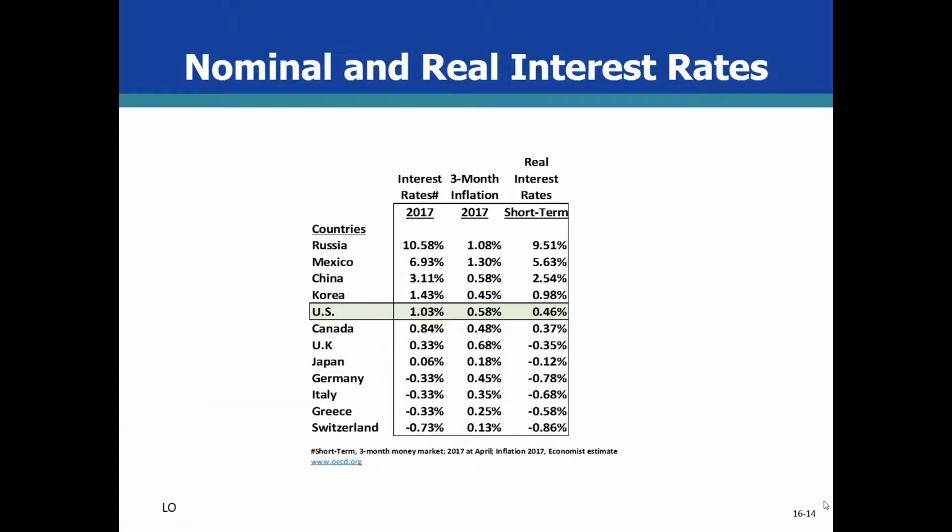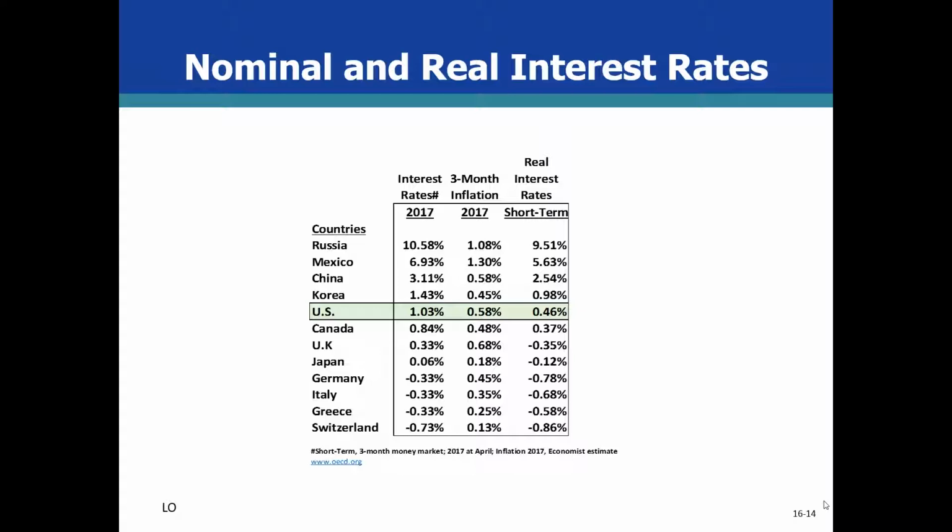Let's look at a United States example. Currently, the short-term interest rate is 1.03% in 2017, the first column. The 3-month inflation rate in the United States is currently at 0.58%.